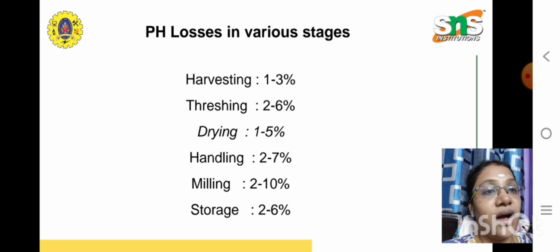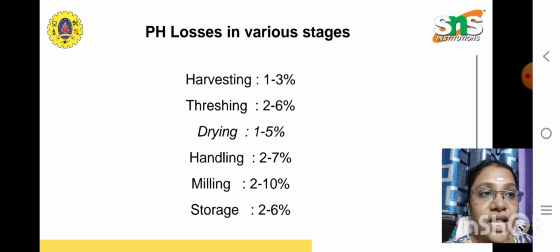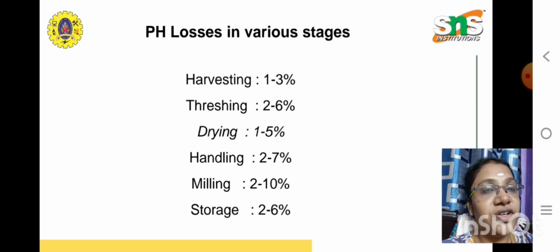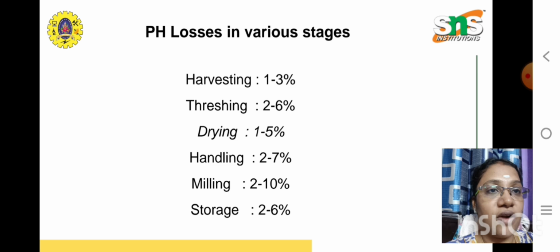So how much percentage of losses is occurring in the different stages of the post harvest process? First, during harvesting of the crop, nearly 1 to 3 percentage of the losses occur due to improper harvesting practices.